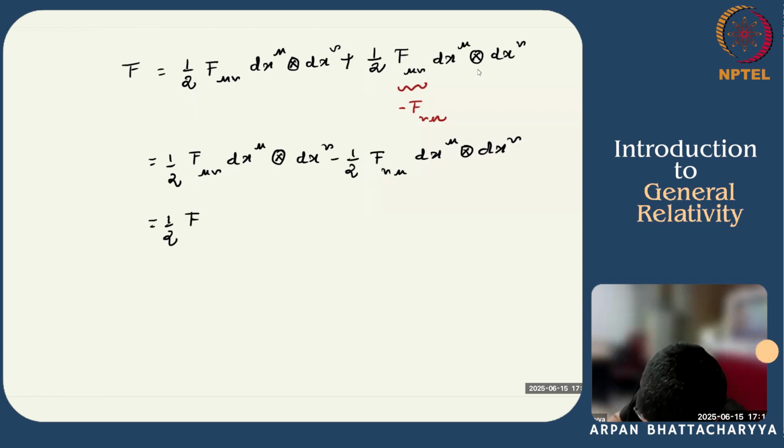In that case, we can take F_mu nu common and have dx^mu tensor product dx^nu minus dx^nu tensor product dx^mu.